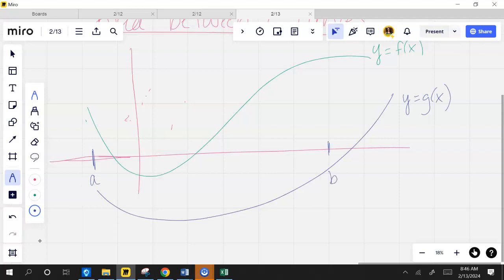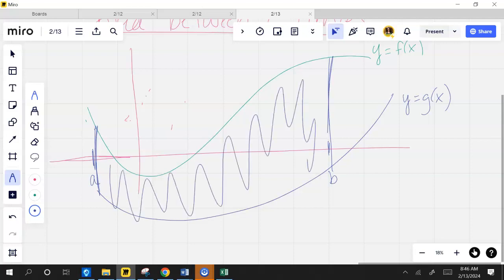Don't do the integral. If I need to find the area between these two curves, you just have f of x and g of x. So I want to know the area from here to here. I'm talking about this shaded region.